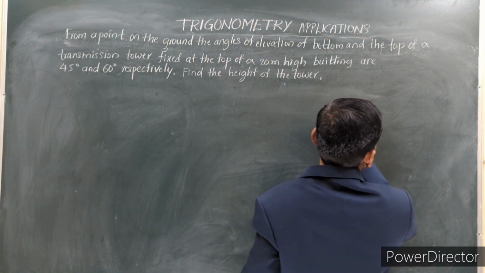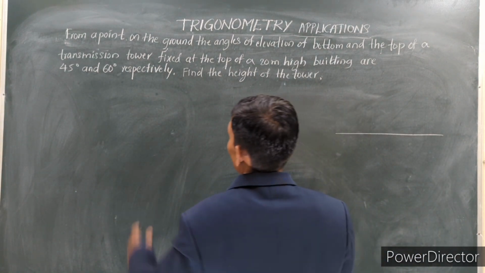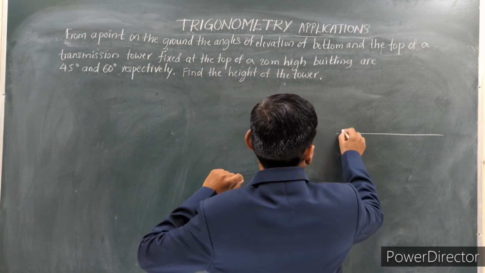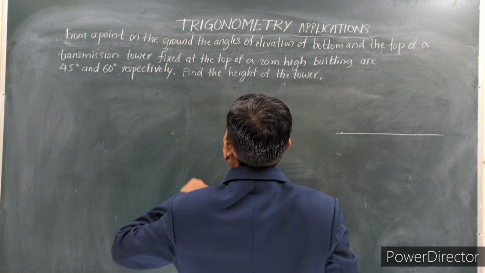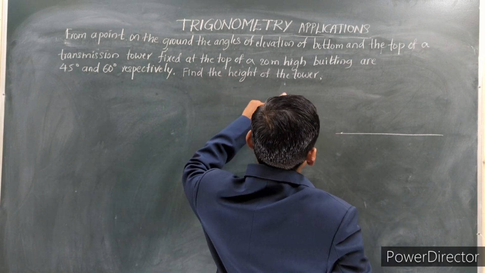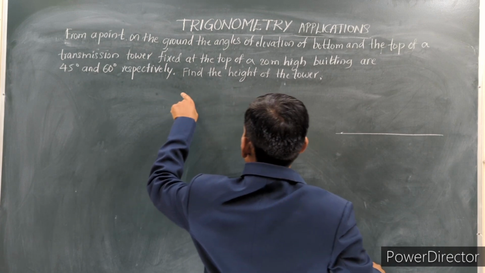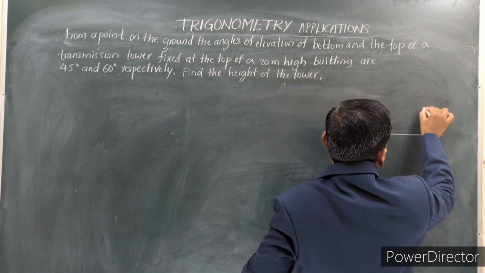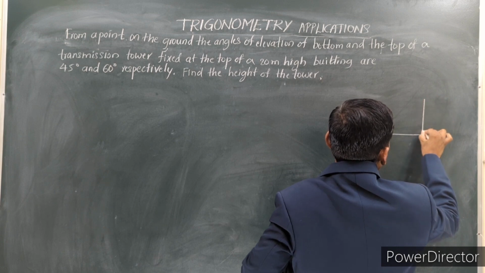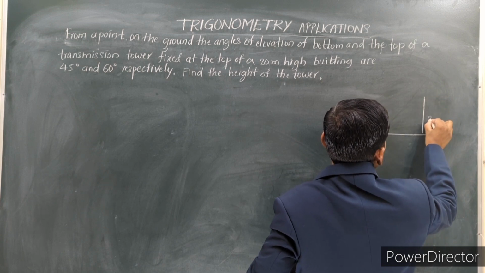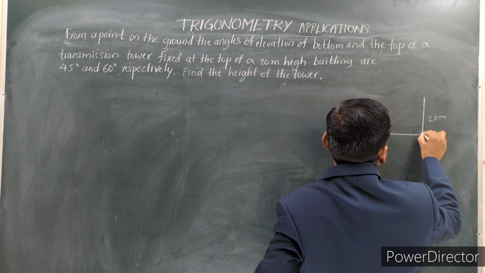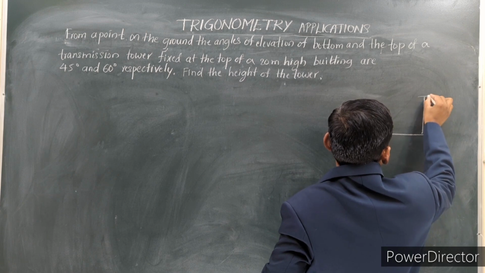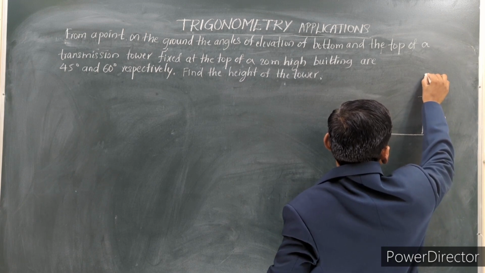First, this is the ground, right? From a point on the ground, let this be the point. One building is there here. Its height is 20 meter, right? And on the top, here what is fixed? Tower is fixed.